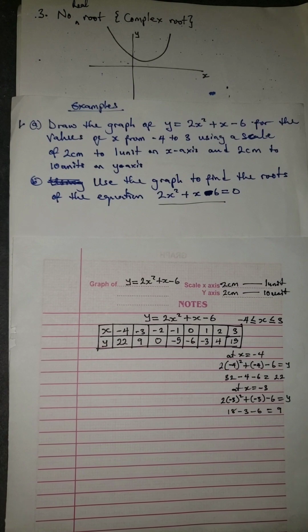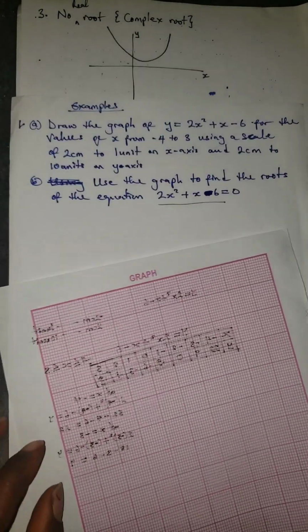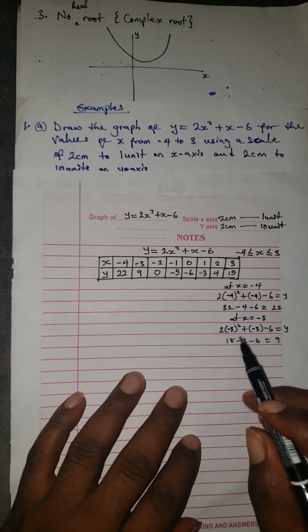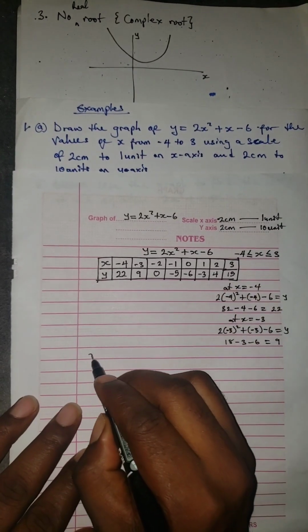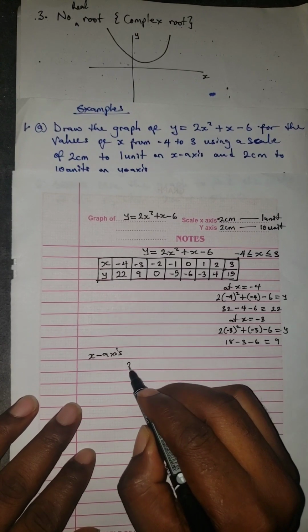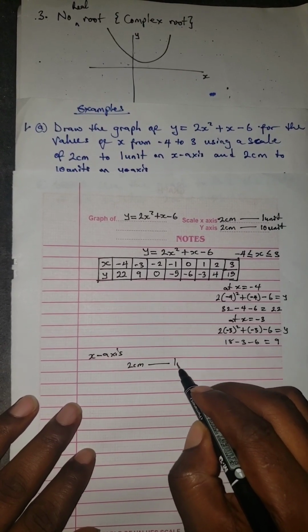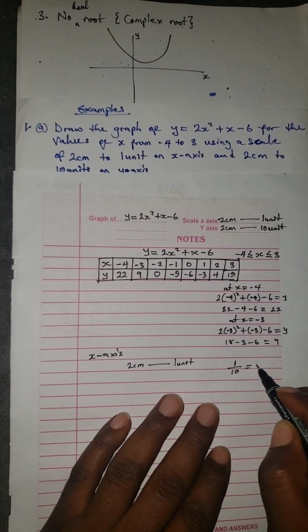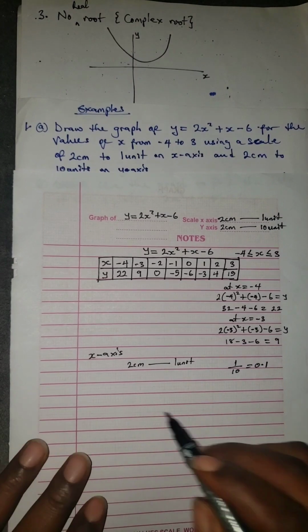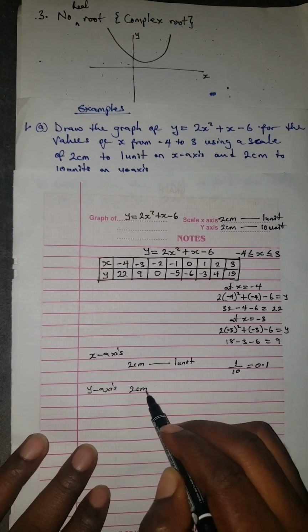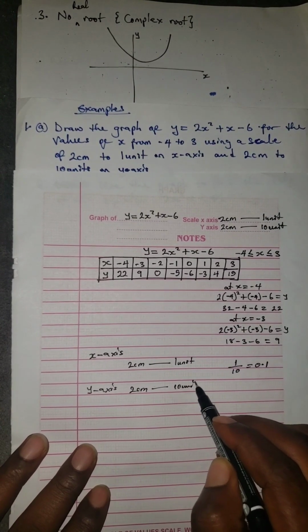Now remember, I said something initially, you need to know the value of each of these tiny lines. So for example, on s here, we said that 2 cm represents 1 unit. So each tiny line is going to give us 1 over 10, which is 0.1. And on the y-axis, we say that 2 cm represents 10 units.